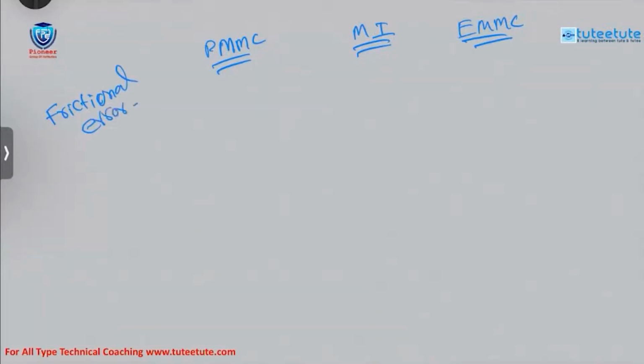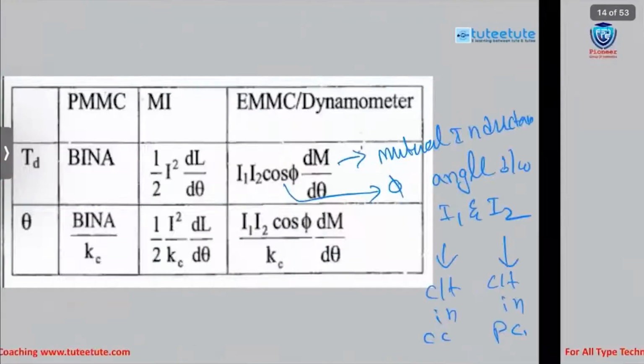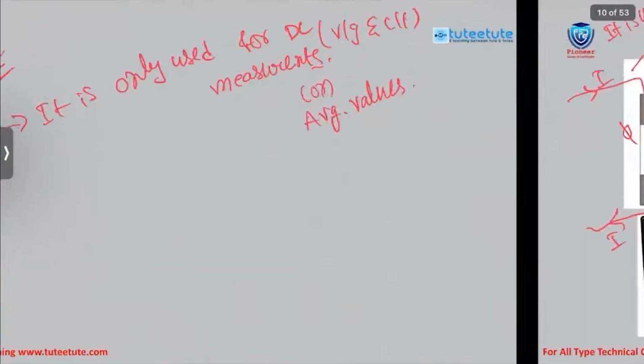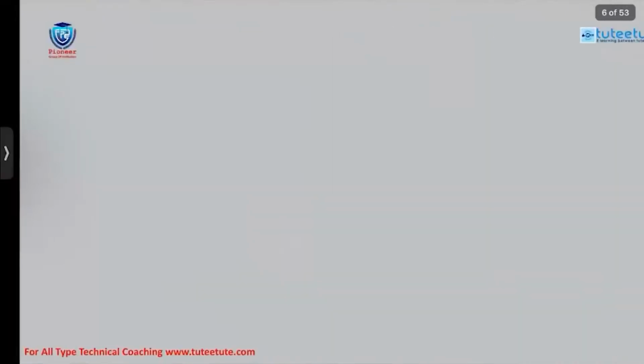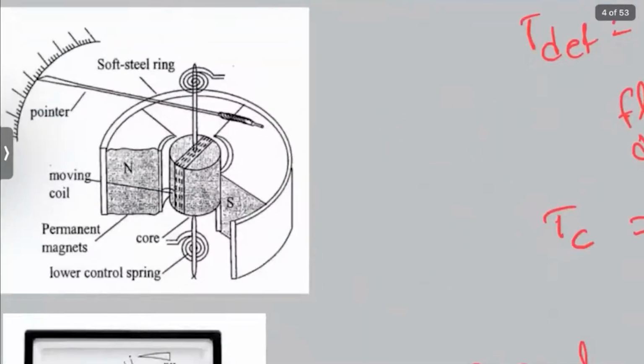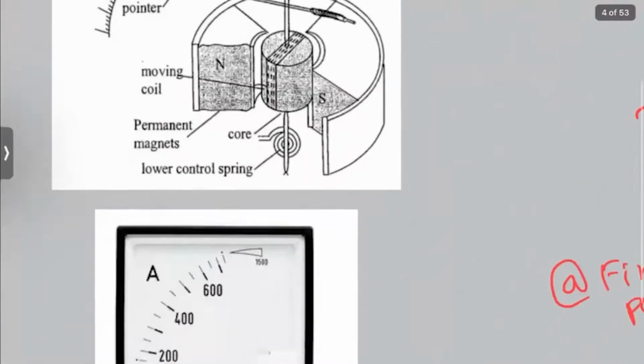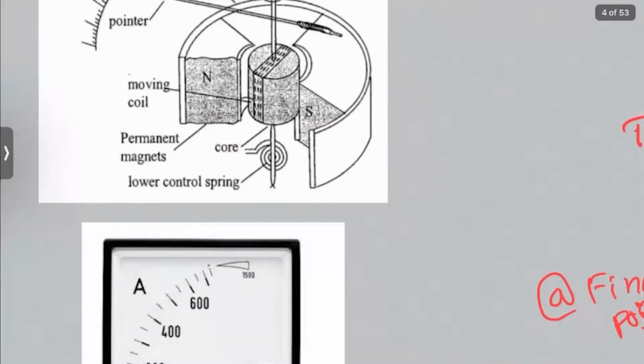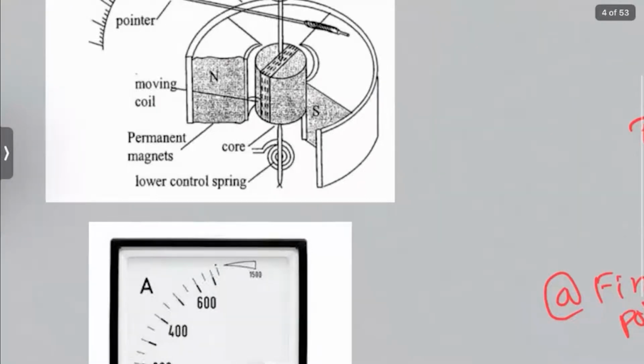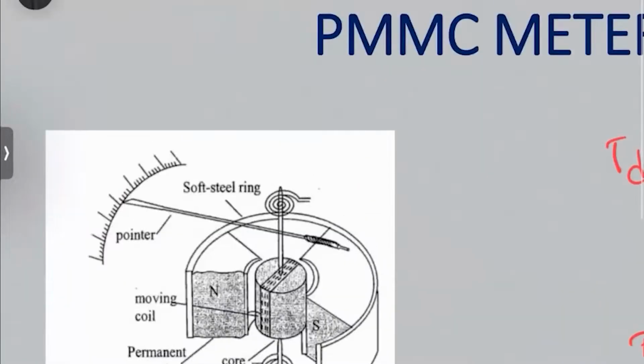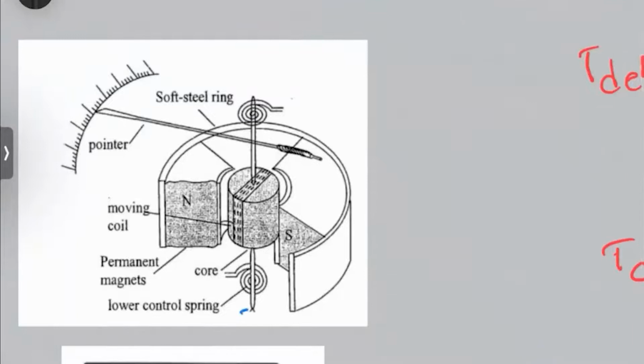If you see here, the weight of the moving mechanism, this is the PMMC. It is having a coil and frame, and some jewel bearings will be there, that means at the bottom some bearing mechanism for smooth rotation of this rod.